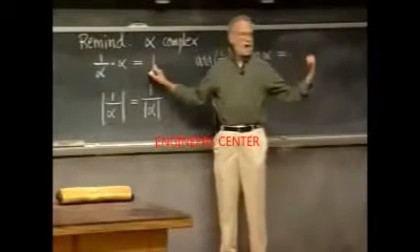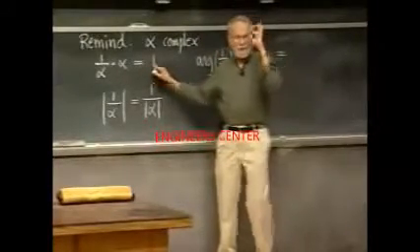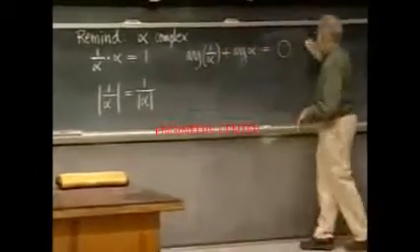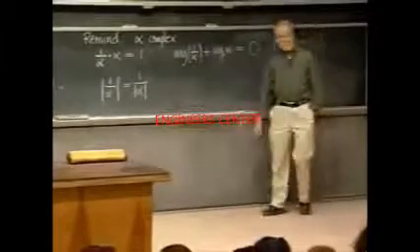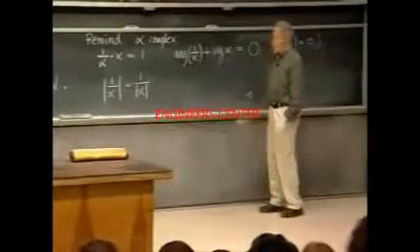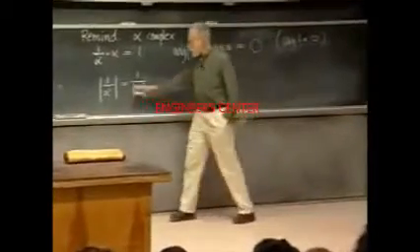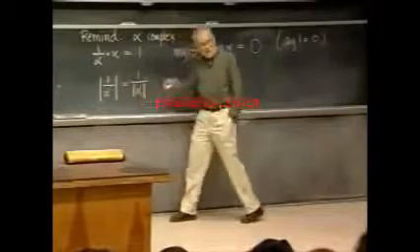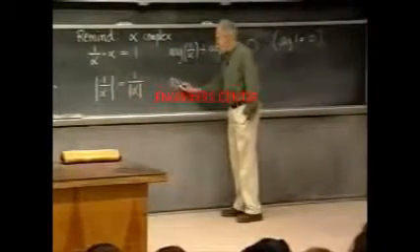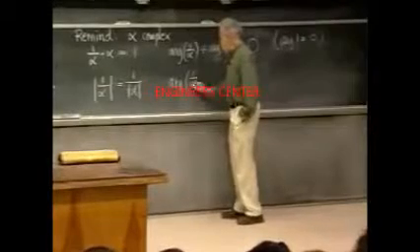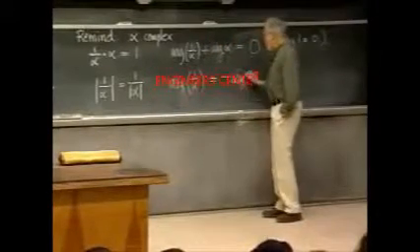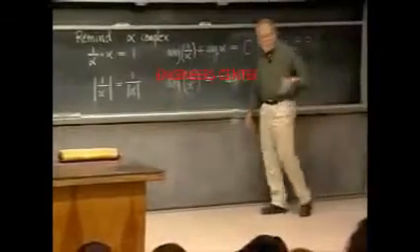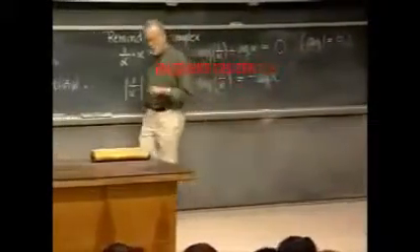What's the angle of 1? 0. Therefore, the absolute value of this thing is 1 over the absolute value. That's easy. And you should know that the argument of 1 over alpha is equal to minus the argument of alpha. So when you take the reciprocal, the angle turns into its negative.